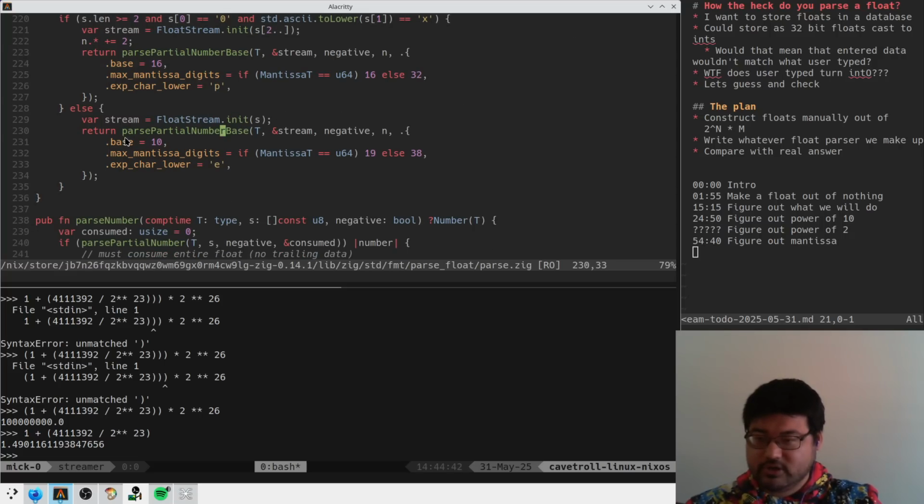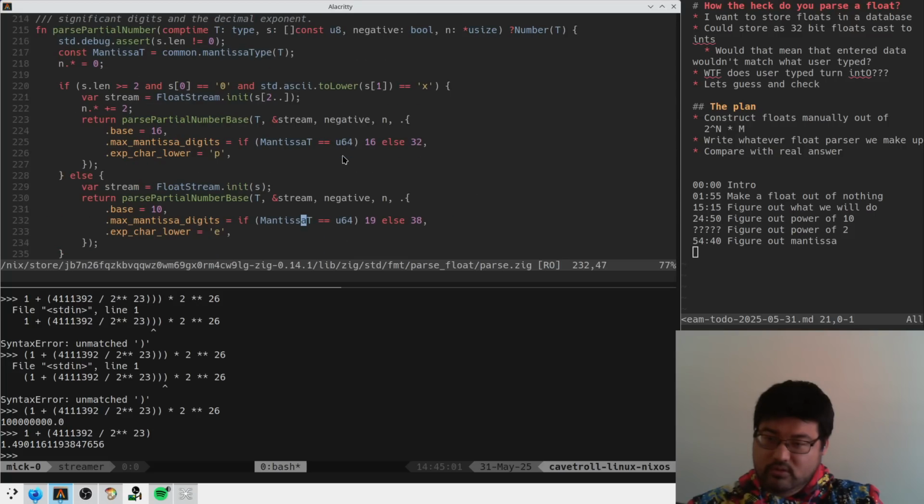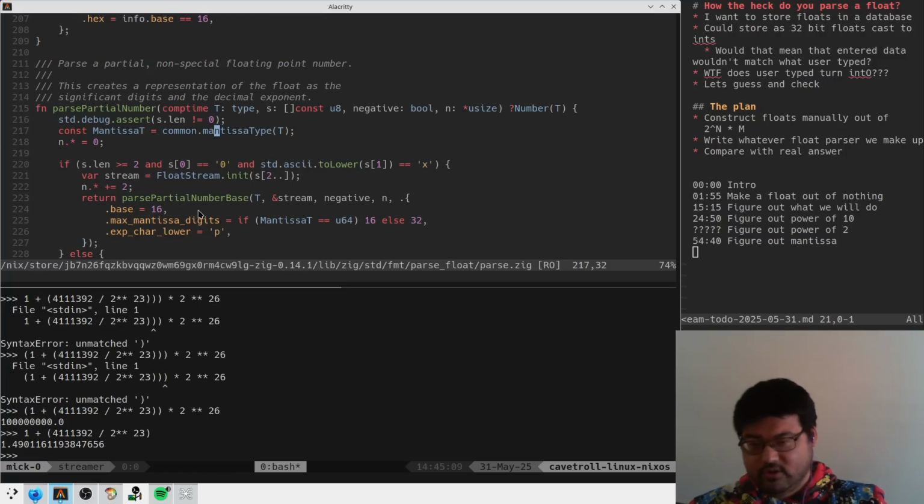Okay, so they parse partial number base. They're trying to parse a base 10 number where they're saying the maximum number of digits is, whoa. Mantissa type, so U64 here. So they're saying we have 16 digits.